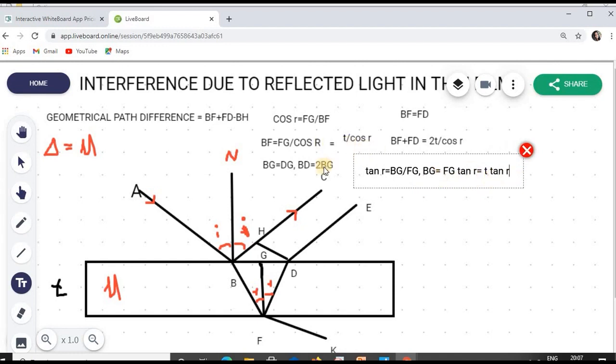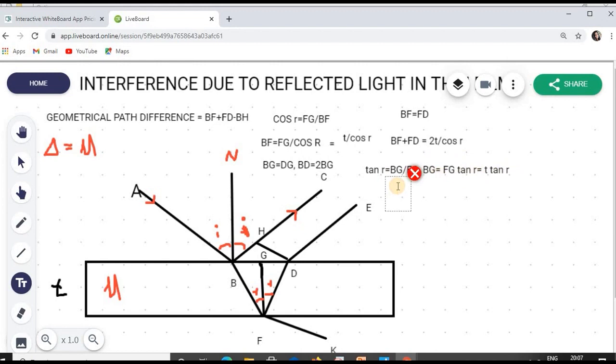But what I have is BD equal to 2BG, and BG is equal to t tan r.